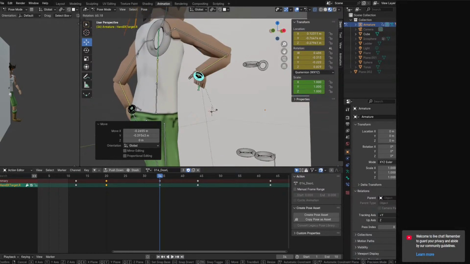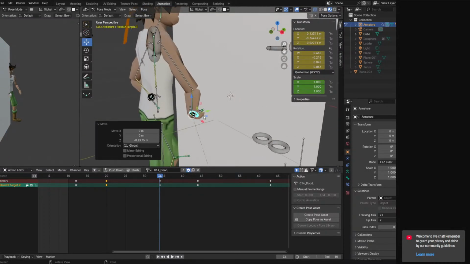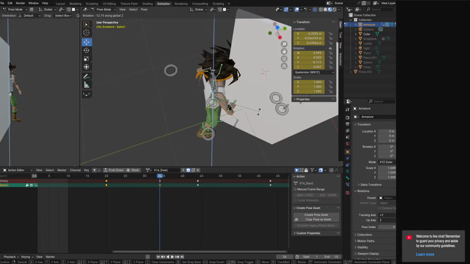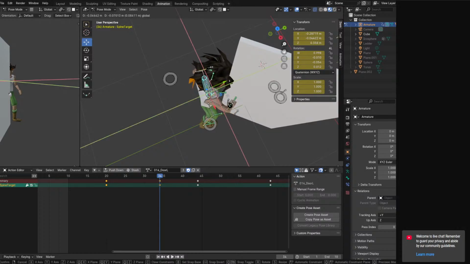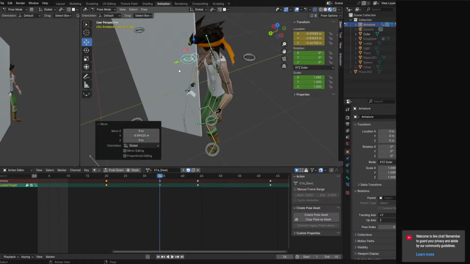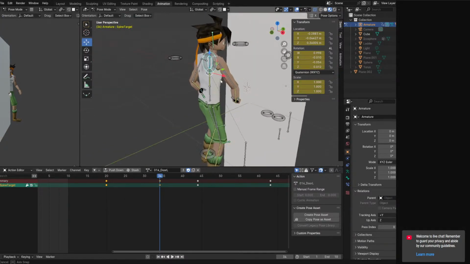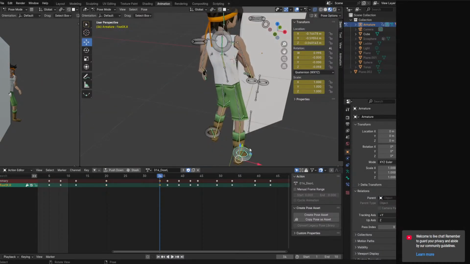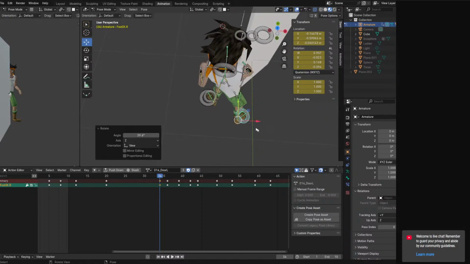Okay, so his hand should be on the knob still. But I think I need to move him back a little bit. Let's have him look at the door. Maybe lean back a bit. Actually, let's twist his torso to the right a bit.